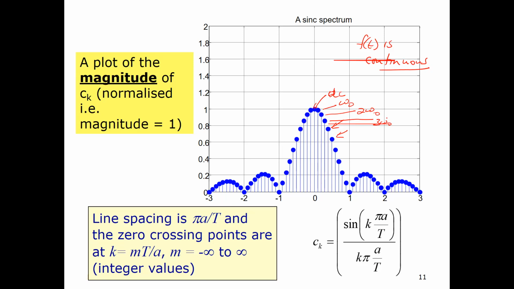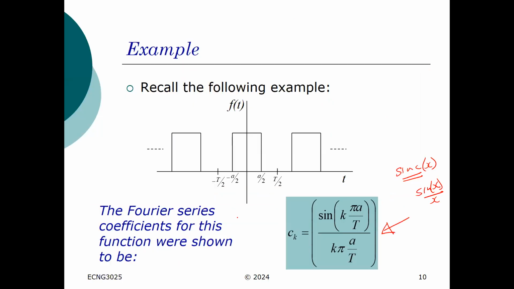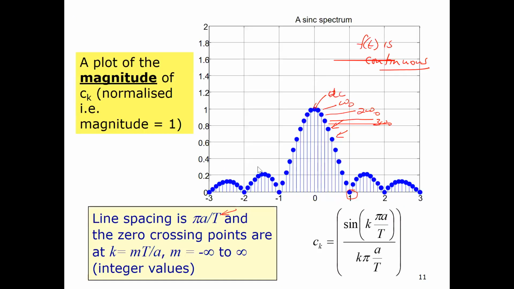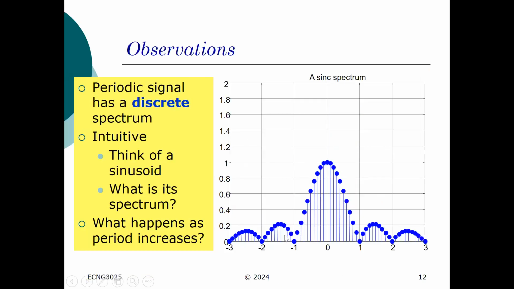The line spacing between each of these components is pi A over T, and the zero crossing points are multiples of T over A. Remember, T is the period and A is the pulse width.